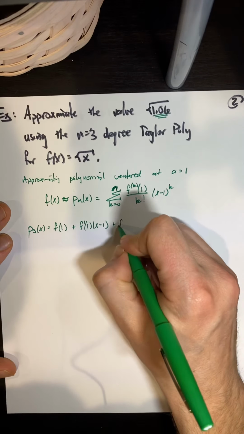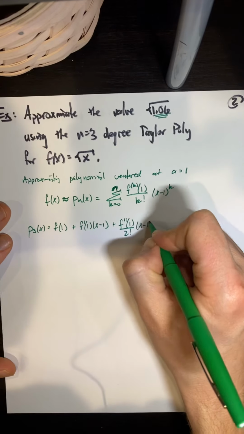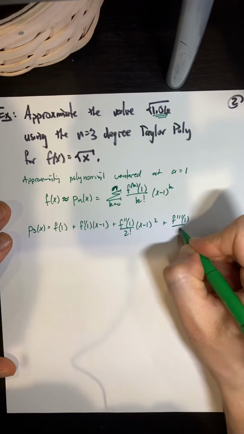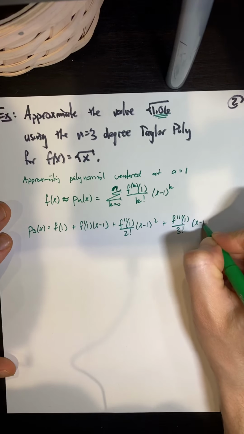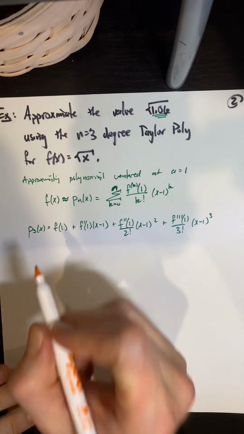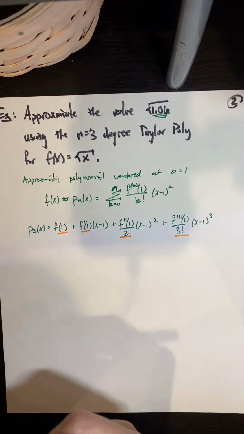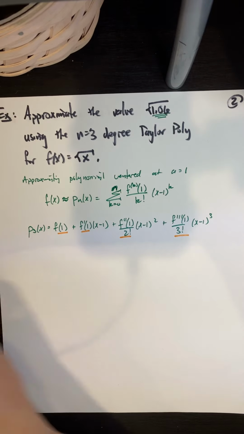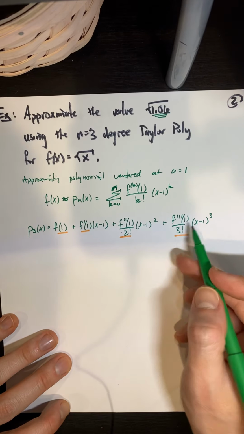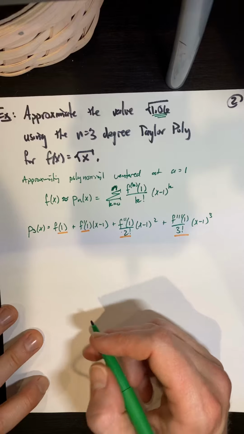The third term is f double prime of 1 over 2 factorial times x minus 1 squared. And the final term would be the third derivative of 1 over 3 factorial times x minus 1 cubed. So there are essentially 4 things I need to find. Once I have those Taylor coefficients, I can plug the value 1.06 into this function, and I'll get my approximation.